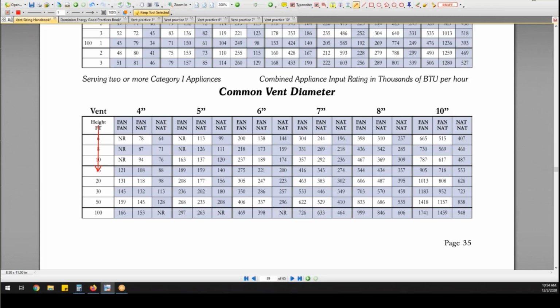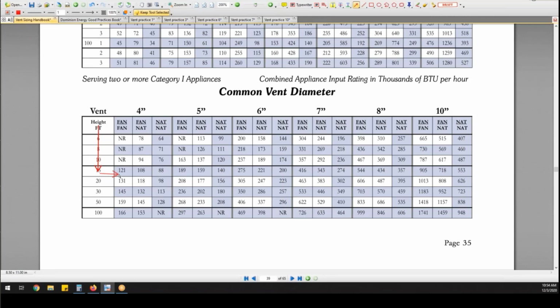Okay. So now I've got to come across and find the common vent diameter that will handle my total BTUs, and my total BTUs are 135,000, right? 100,000 BTU furnace, 35,000 BTU water heater.